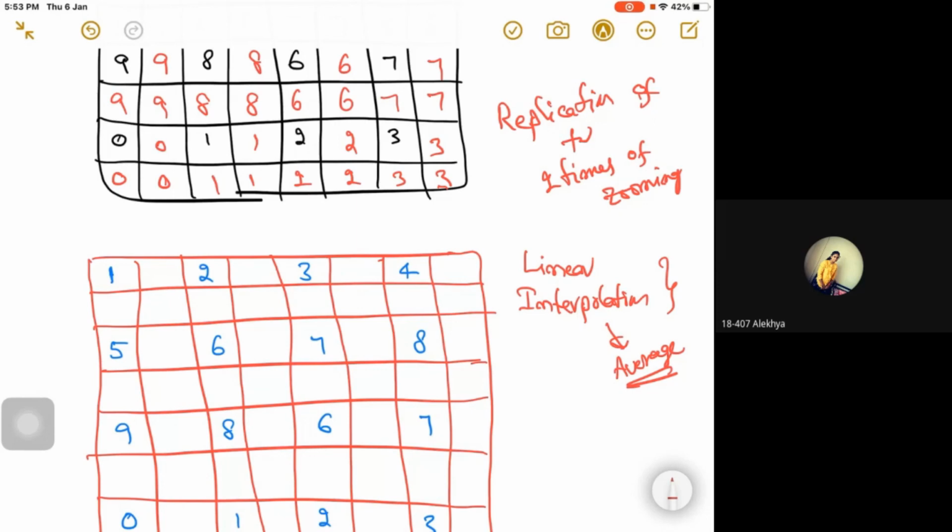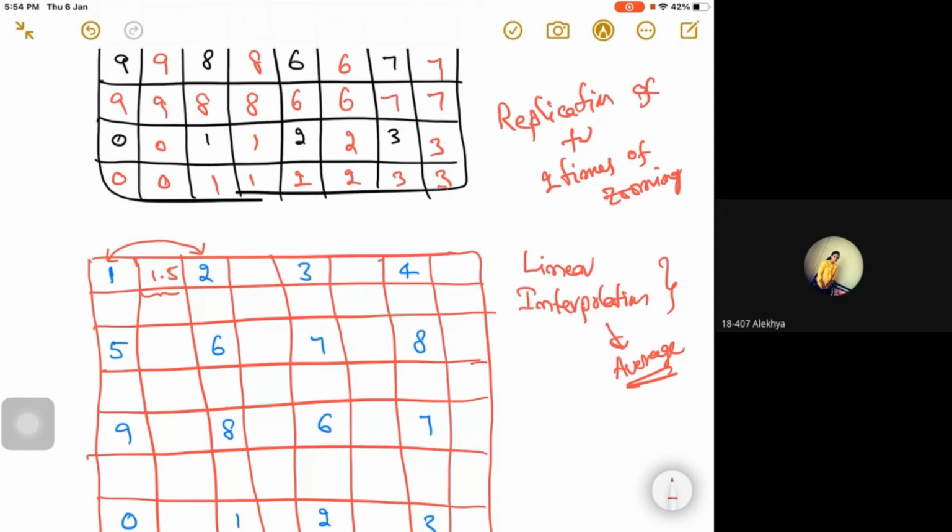Now if you want to take for this cell, it is in between 1 and 2. So here you have to take the average of 1 and 2. What is the average of 1 and 2? The sum is 3, divided by 2, so you will get 1.5.